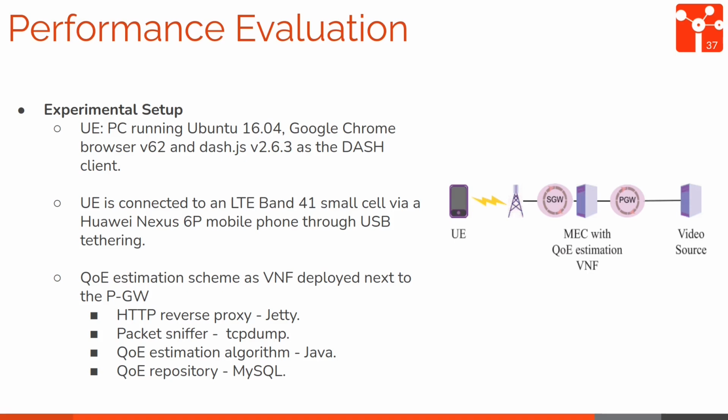The QoE estimation scheme, as a VNF, is deployed next to the packet gateway in the mobile network infrastructure, where the HTTP reverse proxy is implemented, JNetPcap or tcpdump is used as a packet sniffer, a Java-based program implements the QoE estimation algorithm, and MySQL is used as a QoE repository.